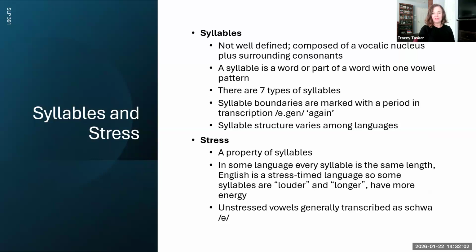So syllables are not really well defined, but at a minimum, they have to be composed of a vowel plus usually some surrounding consonants, but not always. That's just why it's hard to define because there's always exceptions to the rule. The way that I teach it to students that I'm working with is a syllable is a word or part of a word with at least one vowel pattern.